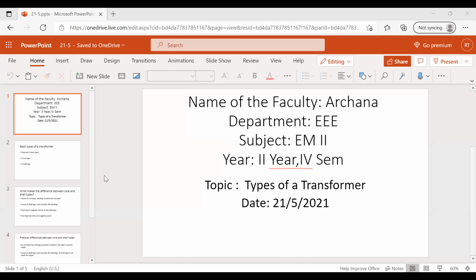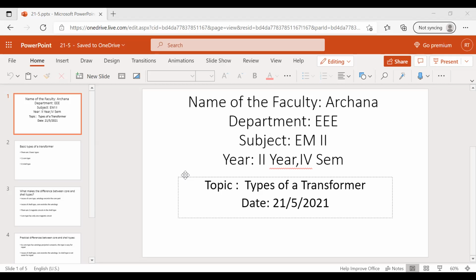It is a static device which transforms electrical energy using Faraday's laws of electromagnetic induction. So your transformer is going to have two types of induced EMF, the primary induced EMF and the secondary induced EMF.